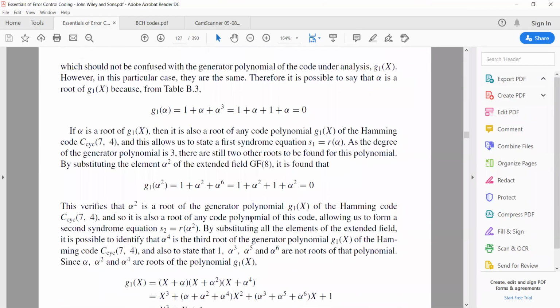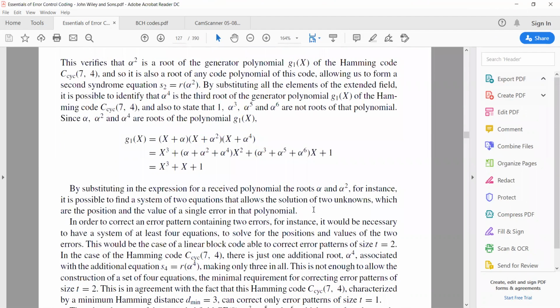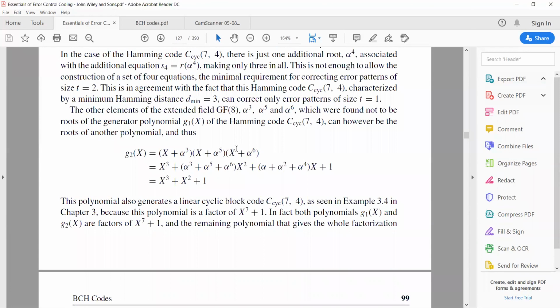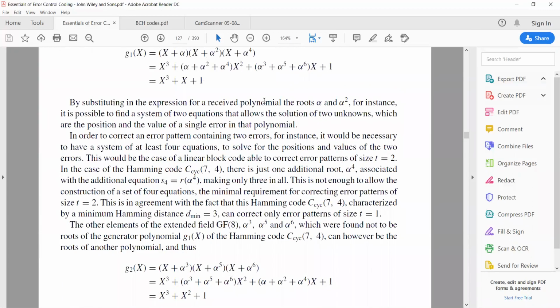So we have already discussed how alpha, alpha square and alpha to the power 4 have become the roots of the generator polynomial equation. Here it is written: in order to correct an error pattern containing two errors.